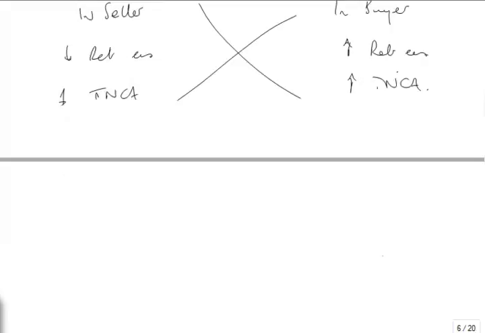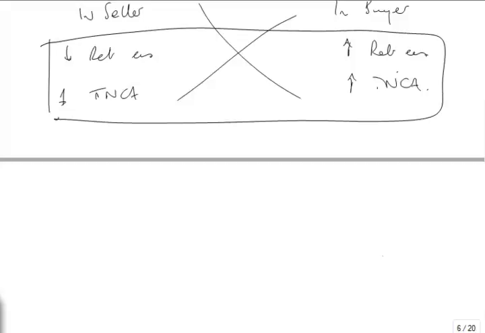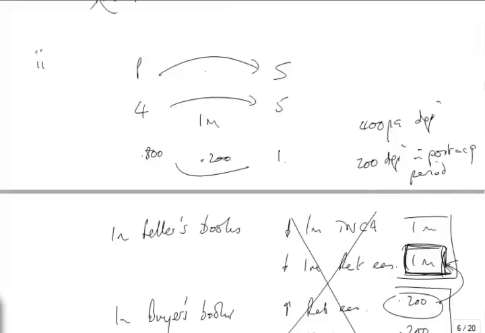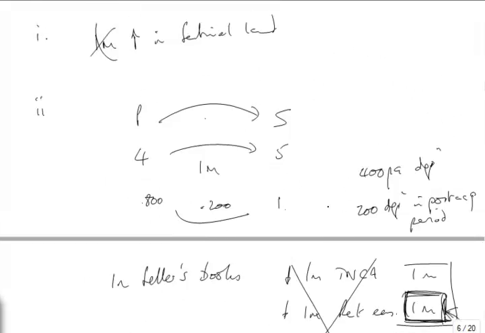The course notes now need to be amended. The figure is now a net adjustment in the seller, and there's no adjustment in the buyer. Okay, so looking at this one then, we've got a net adjustment of 800,000.